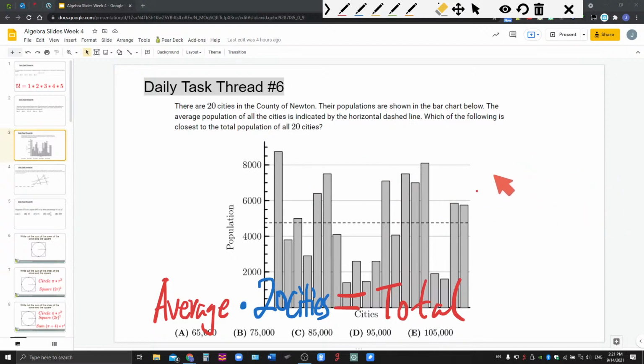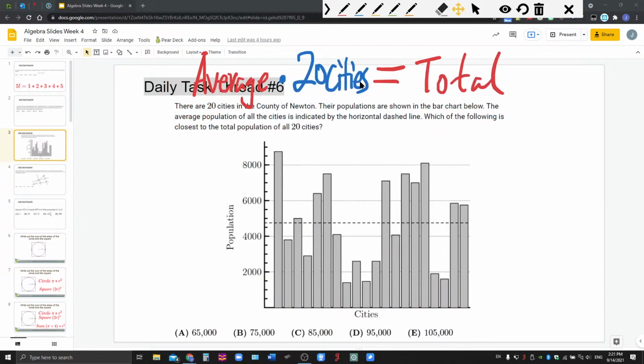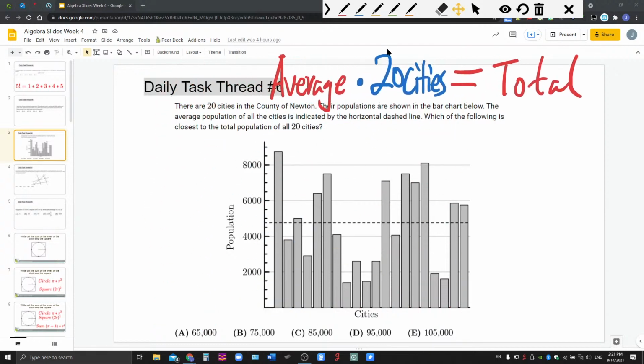Now, once we understand this, the remaining part of the question will be, how much is the average, right? How much is the average? And to do that, we were told that average population is indicated by the horizontal dashed line, this one line. So again, we need to read the graph for data, for information.